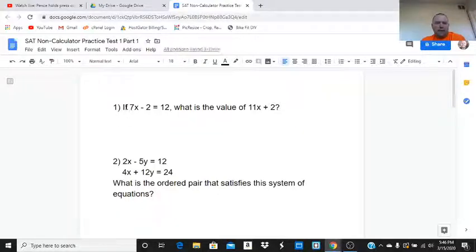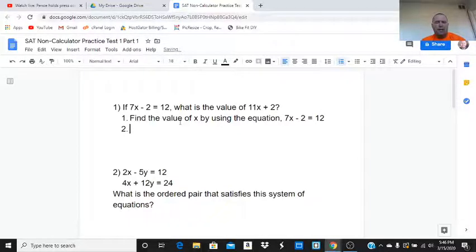So we have this first problem. If 7x minus 2 equals 12, what is the value of 11x plus 2? There's two steps to solve this. One, we are going to find the value of x by using the equation 7x minus 2 equals 12.